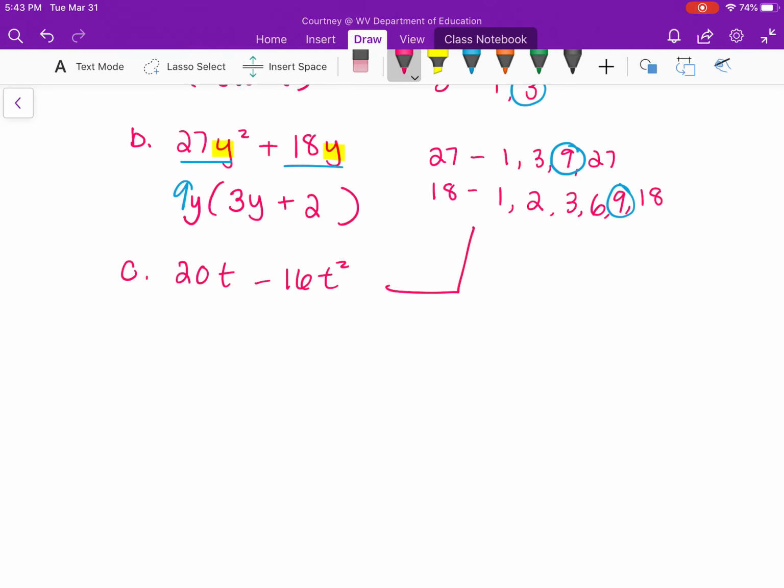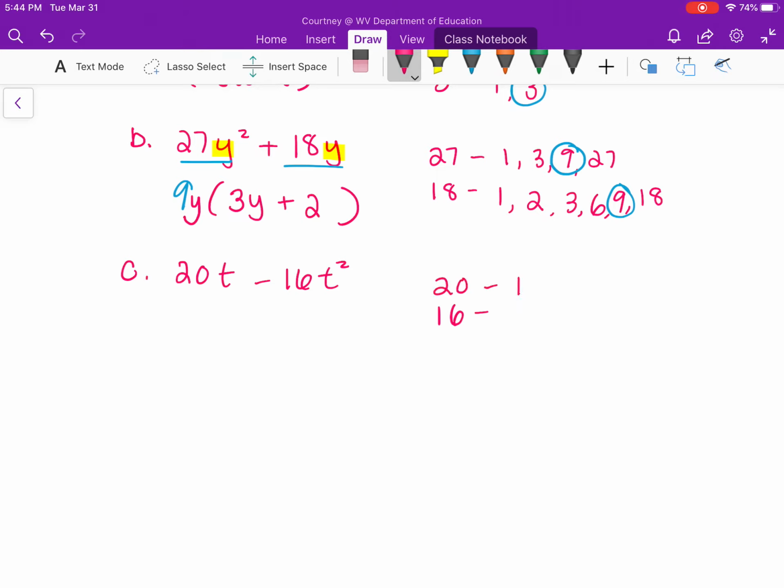Okay, you don't really have to do this step over here if you don't want to. You can if you want, but if you can just see what they have in common, you can use it that way too. I'm going to go ahead and put what they have over here, their factors, but if you can go ahead and put the answer without listing the factors, you can do that as well.